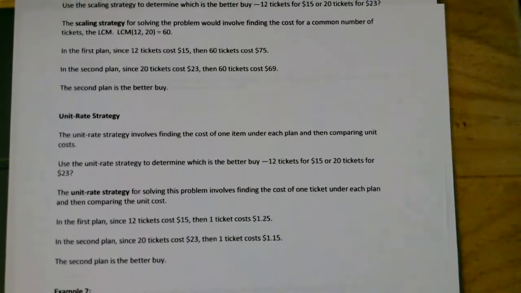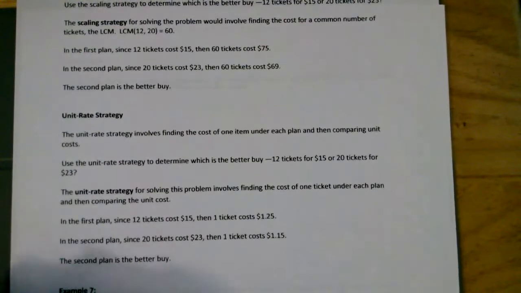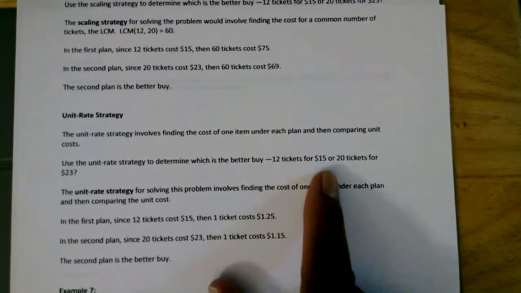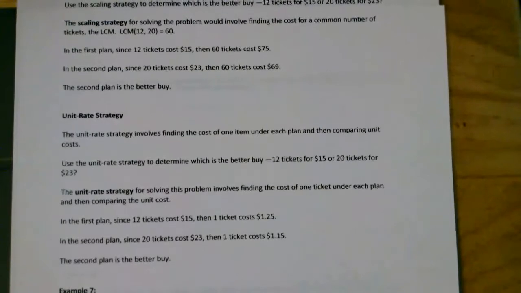The other is the unit rate strategy. When we use the unit rate strategy, it involves finding the cost of one item under each plan and then comparing their unit cost. Let's use that same problem, 12 tickets for $15 or 20 tickets for $23.